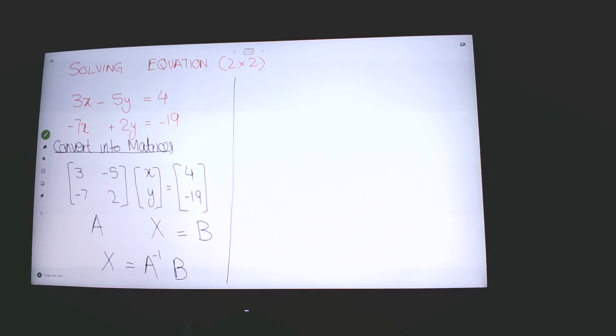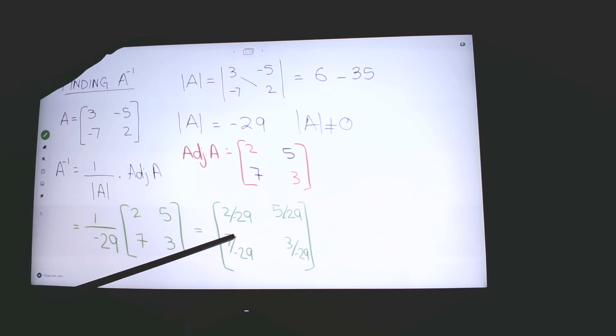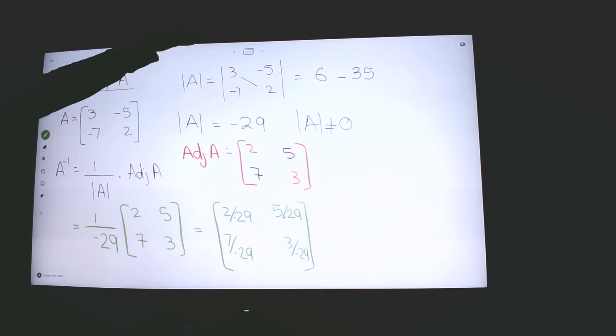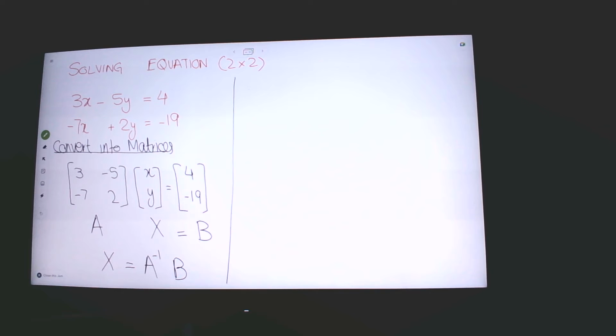Now we have this A inverse value, and we have the value for B. This is the matrix B, and A inverse is what we just found. I'm going to copy this value and put it here, and we will get an answer.